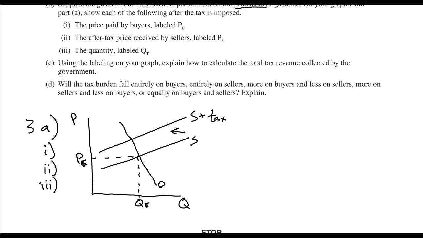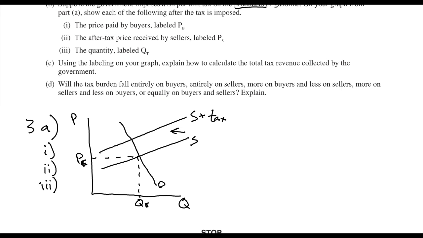It really is a shift to the left. You could also think of it as a shift up because it's up by the amount of the tax. But if you think about it, that means that at every given price, the quantity supplied is less than it used to be. So it is a decrease in supply, even though it is that shift upward.